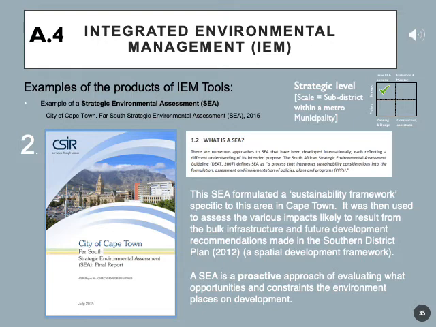So this document actually stipulates here their understanding of a C, and they note that there are numerous approaches to C that have been developed internationally, each reflecting a different understanding of its intended purpose. The South African Strategic Environmental Assessment Guideline defines C as a process that integrates sustainability considerations into the formulation, assessment, and implementation of policies, plans, and programs.